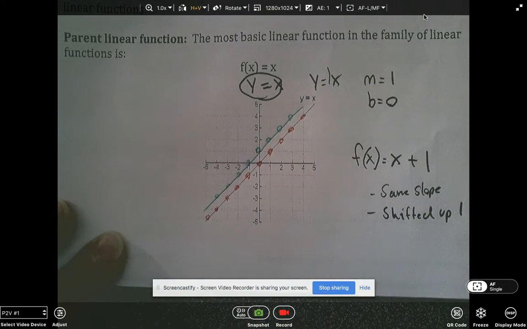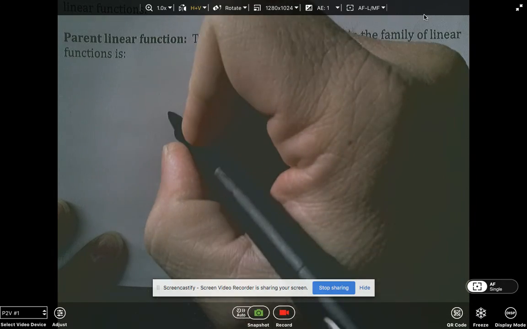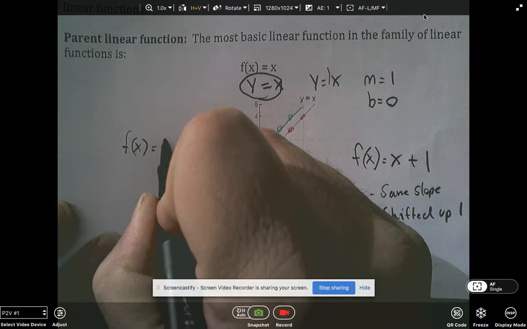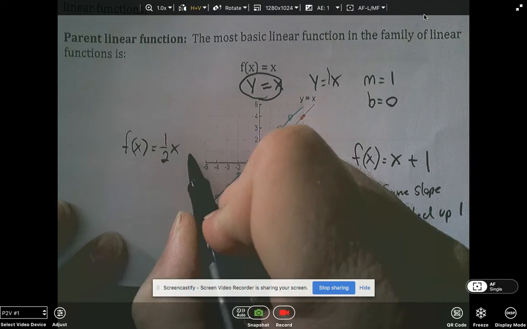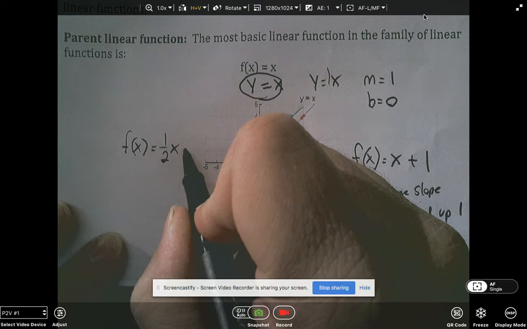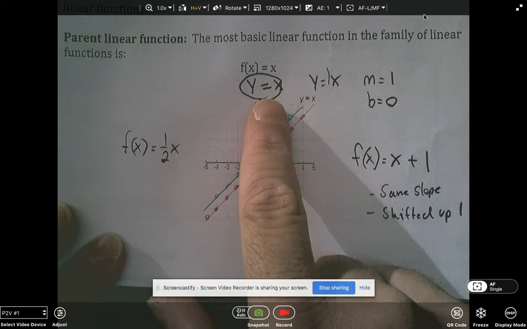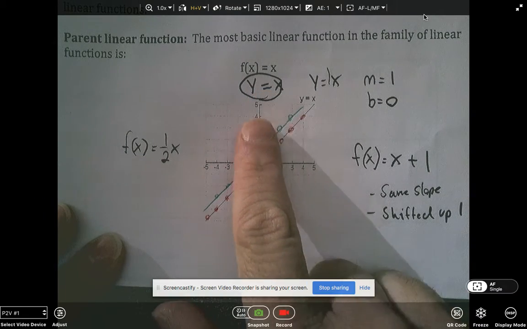Let's just do one more comparison. What if we had f of x equals 1/2 x? Why don't you talk to your neighbor and compare that to the parent function f of x equals x, or y equals x.